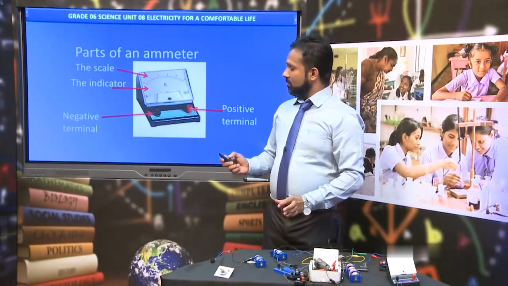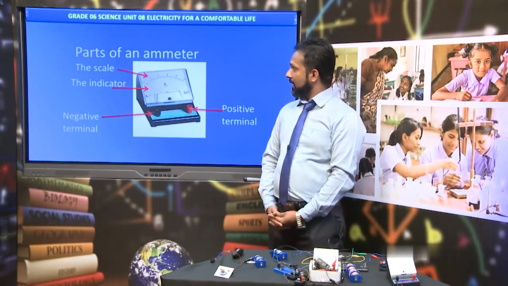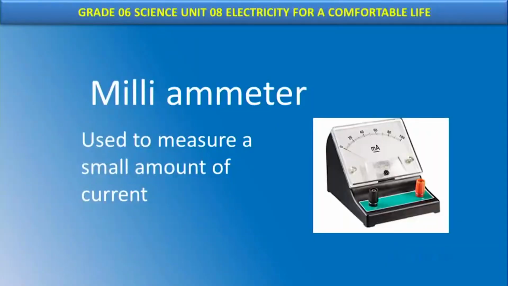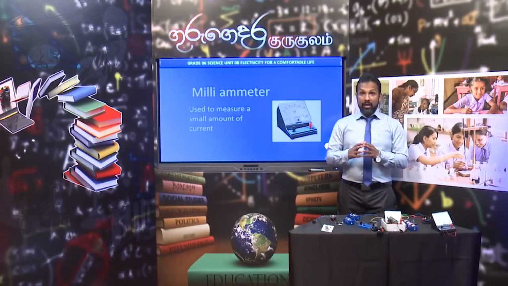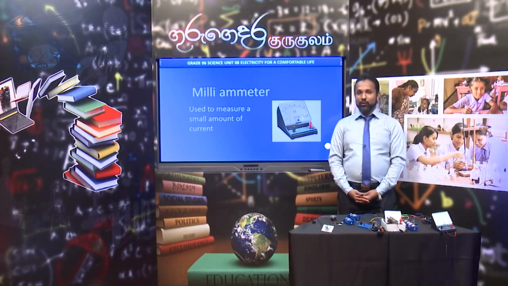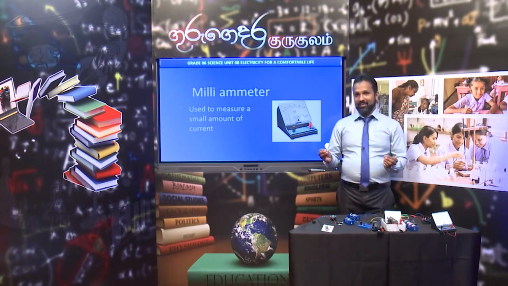Do you know the parts of an ammeter? Dear children, we have to identify the difference between the ammeter and the milliammeter. As I told you earlier, the ammeter is used to measure current, but the milliammeter is used to measure a very small amount of current.